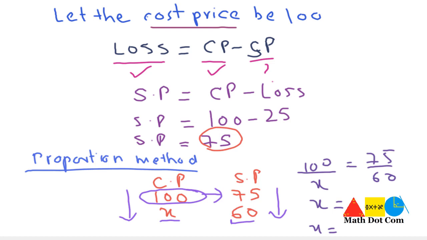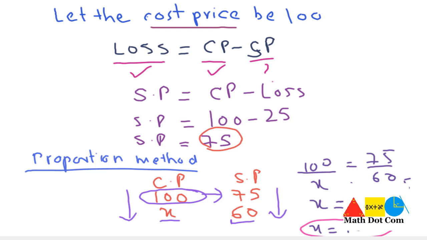So we will solve it. It means the cost price came out to be x is equal to 100.